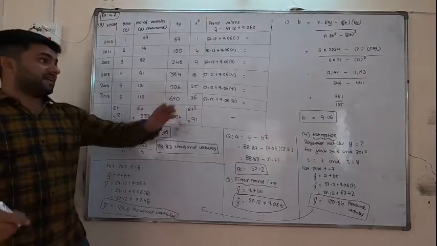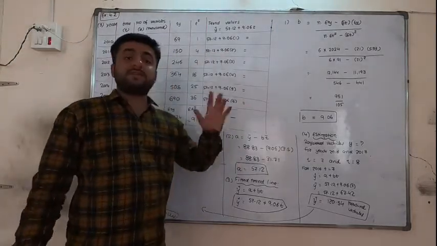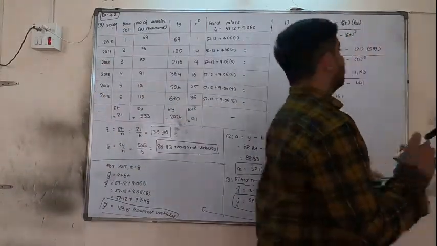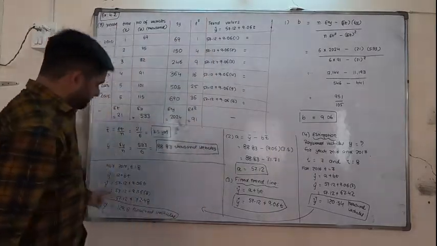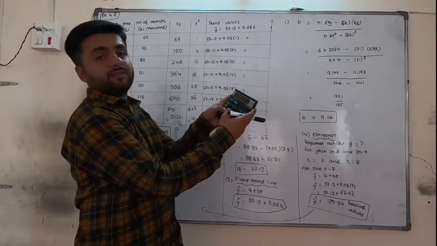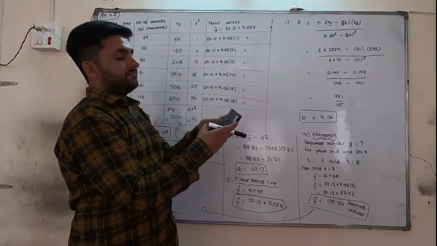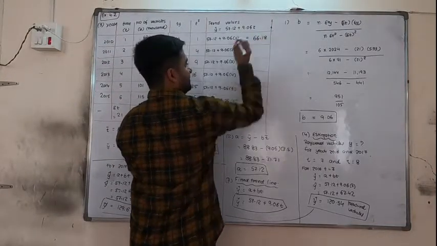I will first do this every time, then I will teach one trick to each and every person. But first I am solving simply. We don't have space for writing two steps, so first you will multiply. 9.06 into 1 is 9.06 plus 57.12. So you will get the answer 66.18.